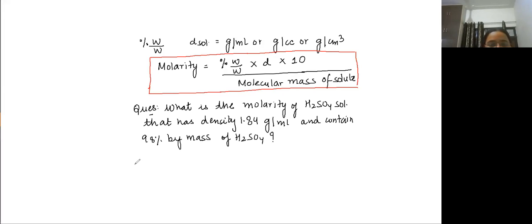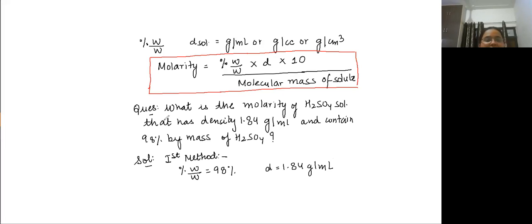Density and weight by weight percentage are given. There are two methods. Molarity you need to find out, weight by weight percentage is given as 98%, and density is given as 1.84 gram per ml. So one method is you can directly apply the formula. Correct. Good, Akshita. Good, Ayan.